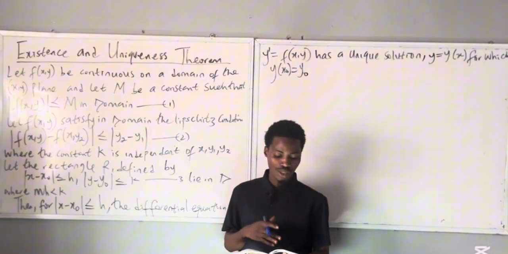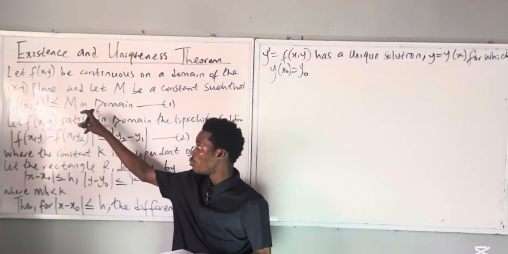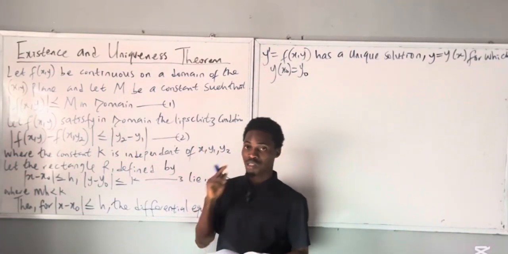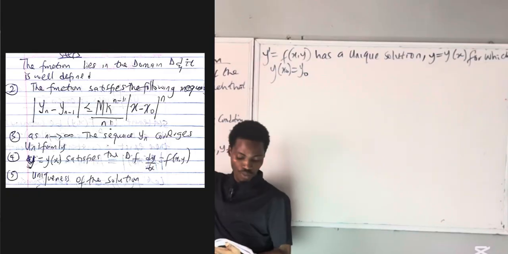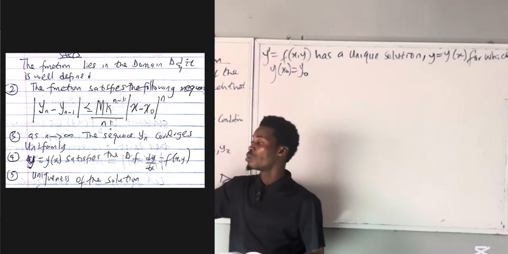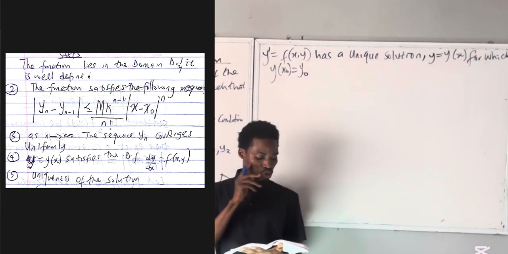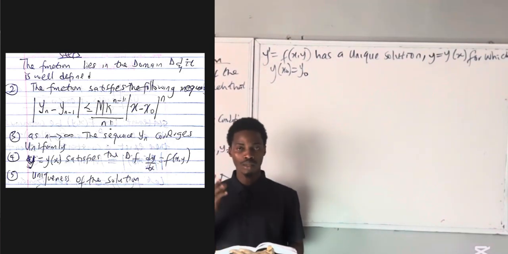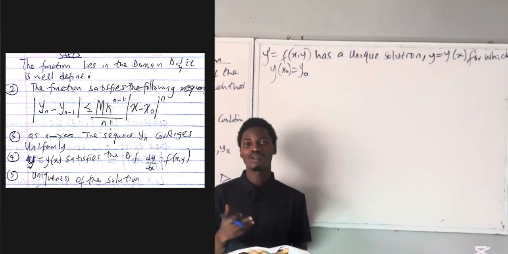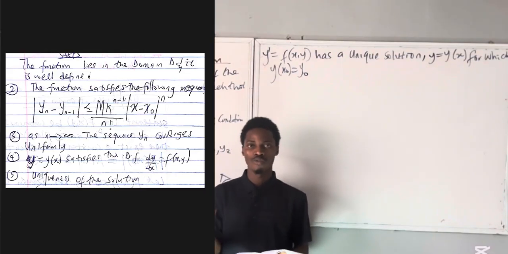Given an inequality of less than or equal to Mh, we have to show that this inequality is satisfied for the functions as well. And then we have to show that as n tends to infinity, the sequence y of n converges uniformly.